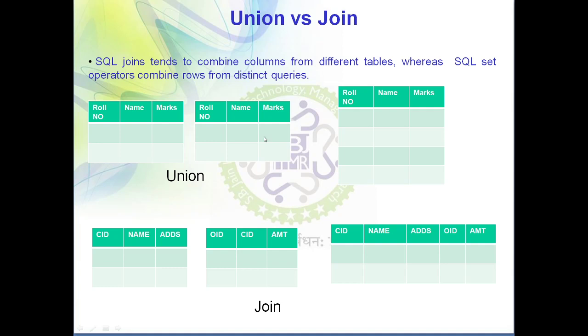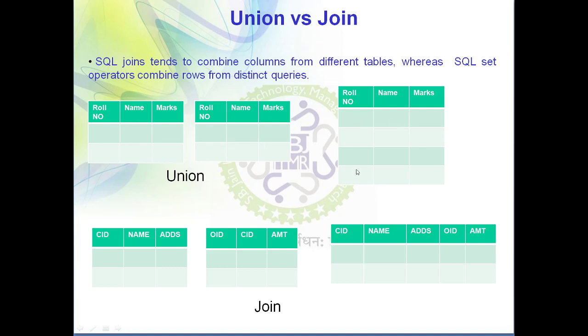Now suppose I need to combine the marks of the students. Is it possible by using a join operation? No, it's possible by using a union operation, because union helps us combine the rows of the tables. In the exam 1 table we have 2 rows, in the exam 2 table I have 2 rows, so in my output a total of 4 rows are there.